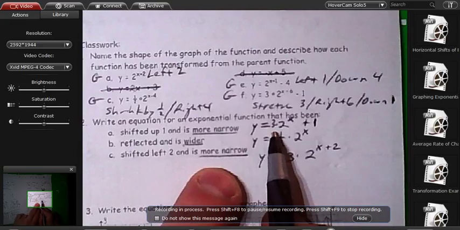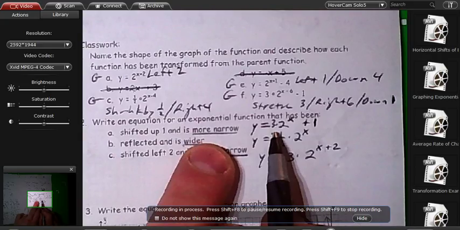Yes. What type of value must I use if it's more narrow? Greater than 1. Absolutely. Is 3 greater than 1? Yes. So you could have used a 5. You could have used a 1.5. As long as it's greater than 1.